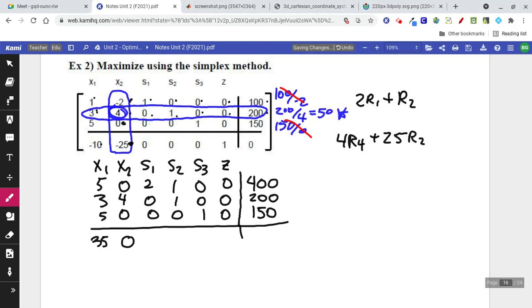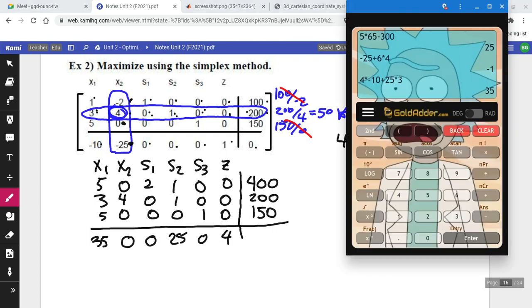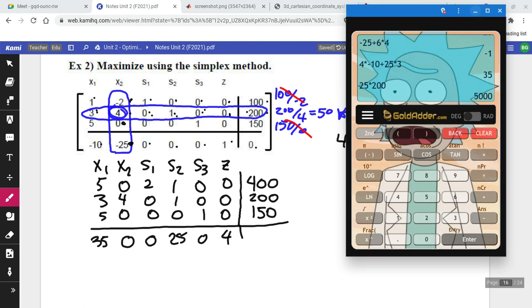Remember, as long as you don't see negatives down there, you're in pretty good shape. 4 of these zeros plus 25 zeros is 0. 4 zeros plus 25 ones is 25. 4 zeros plus 0 plus 25 zeros is still 0. 4 of these ones plus 25 zeros is 4. And 4 of these zeros plus 25 200s. 25 times 200 is 5,000.